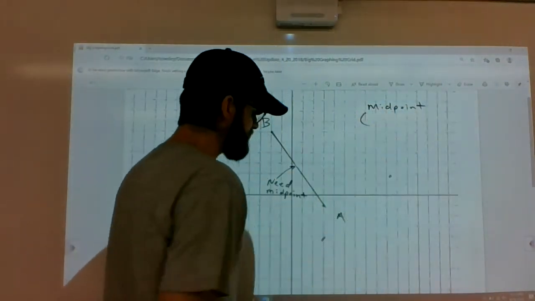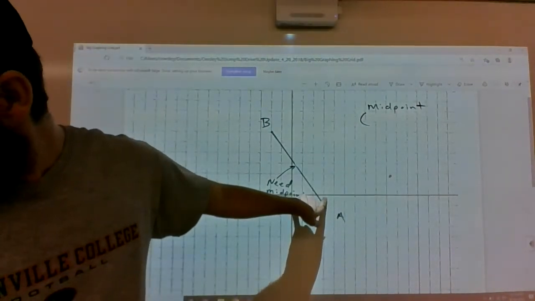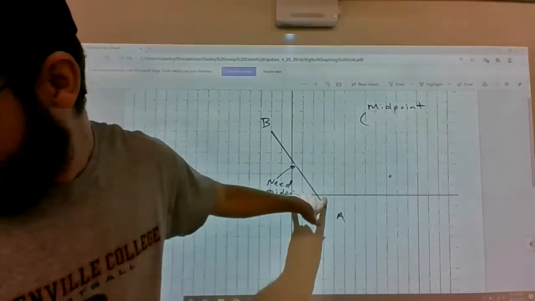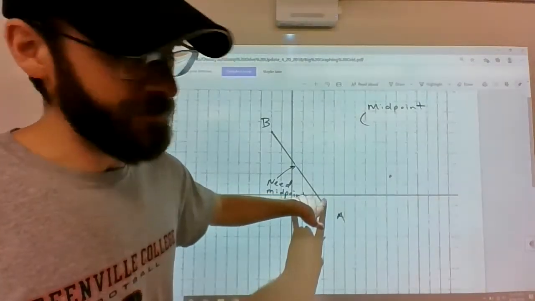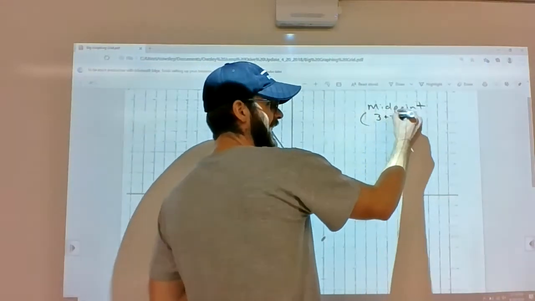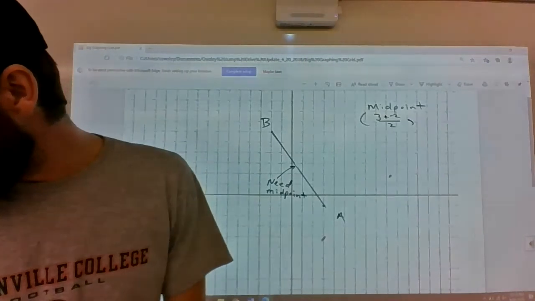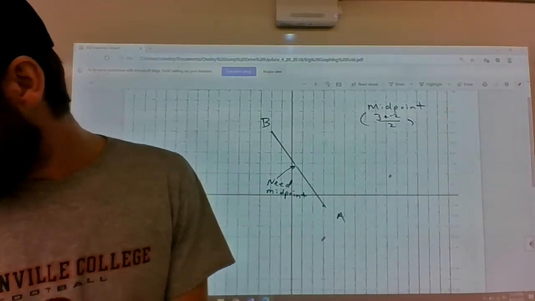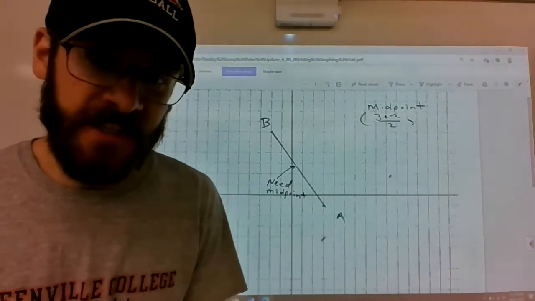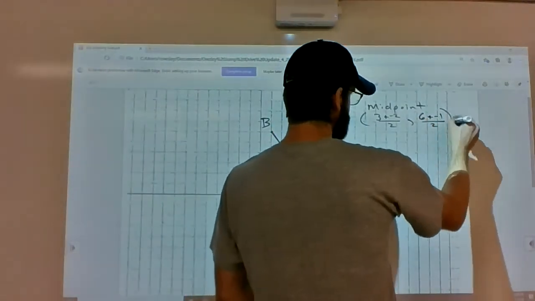The formula is add your x's together, so 3. Let me just make sure I wrote this down correctly. Yeah, because it's been rough this morning for some reason. 3 plus -2, you're cutting that in half. And then you're going to do the two y values, which is -6 plus 6 plus -1 over 2.